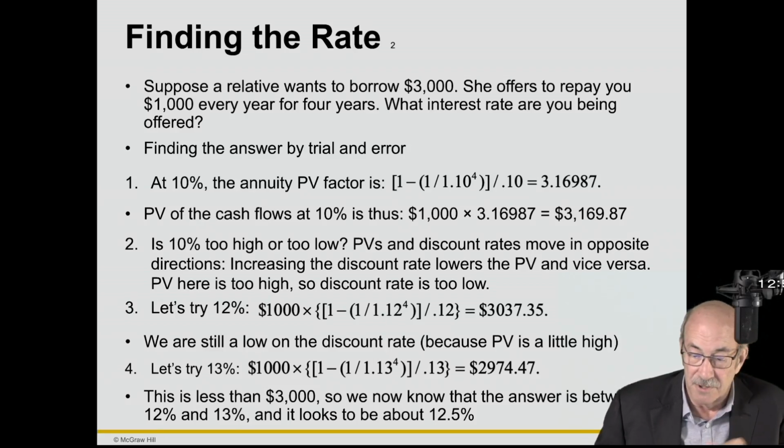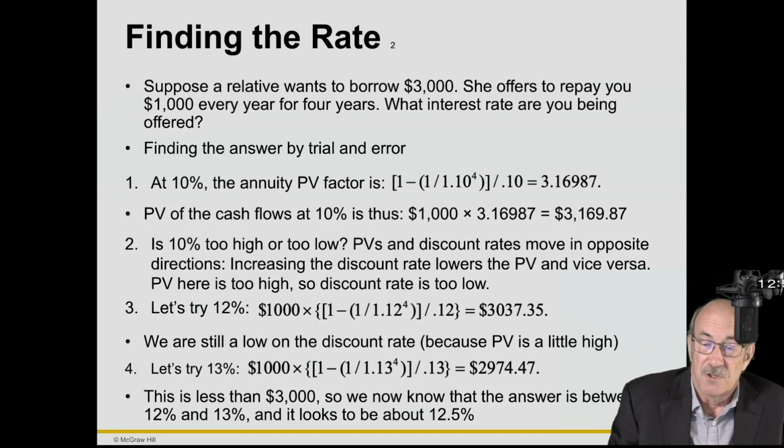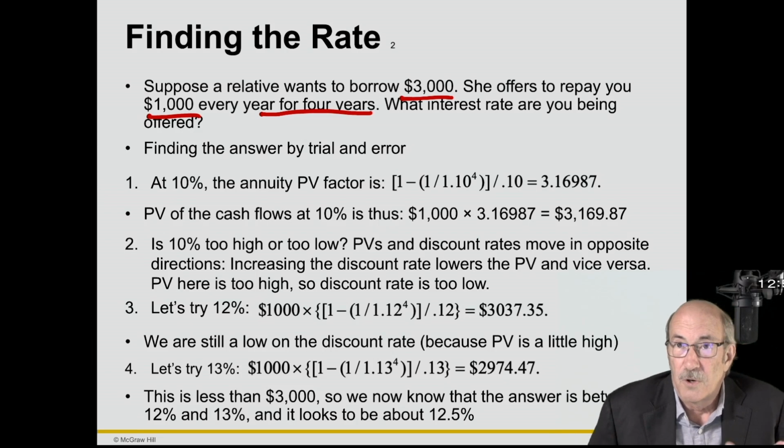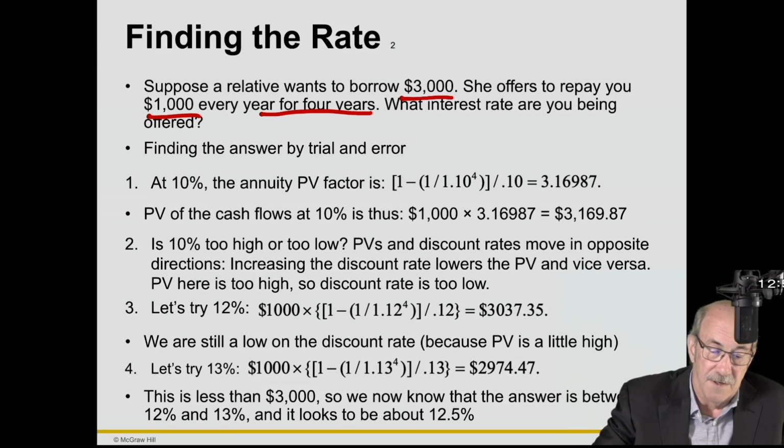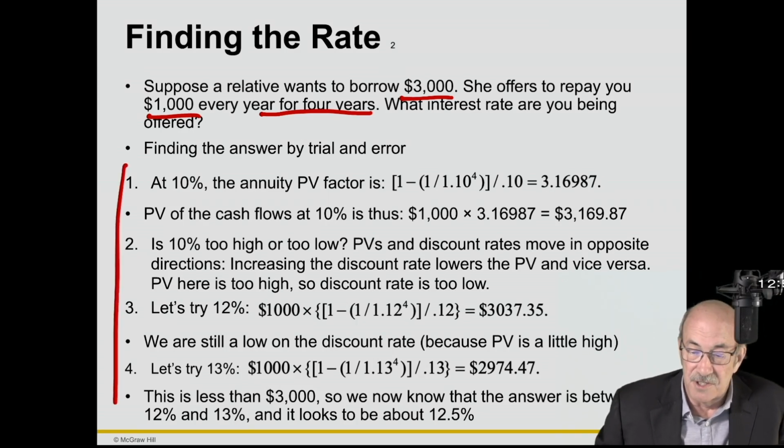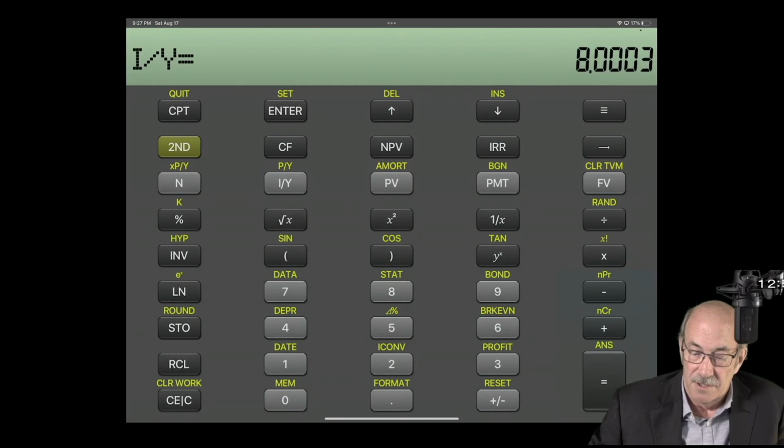And again, here they're just going into another example. Suppose a relative wants to borrow $3,000. She offers to repay $1,000 every year for 4 years. What rate of return are you getting out of that? Again, I'll leave it to you to read over the steps here, but let me take you to the calculator and let's see how quickly you can do it. So we get $3,000 that we're lending, so that's an outflow, and they're going to pay us back $1,000.